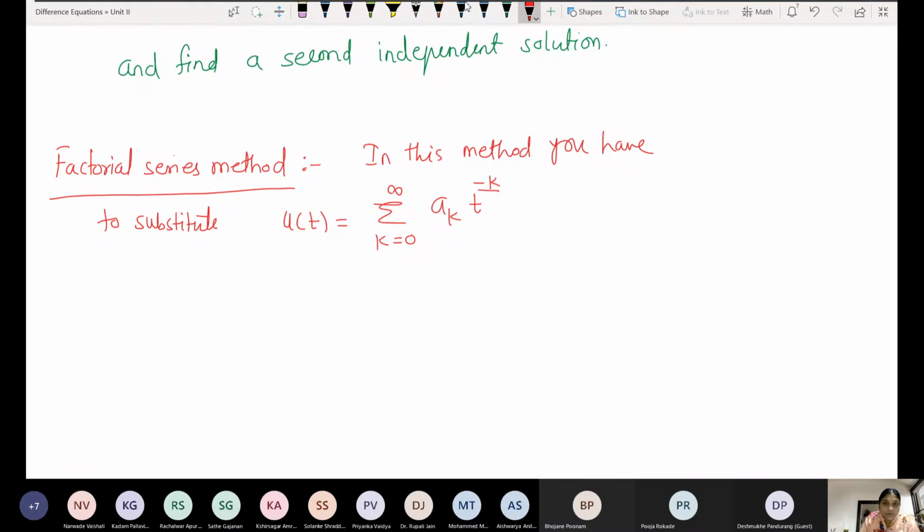If I want to find the solution by the factorial series method, we have to use this substitution. We will see how it works while solving examples.